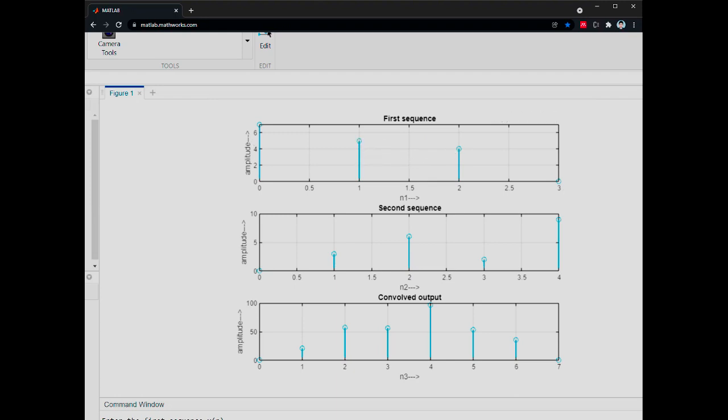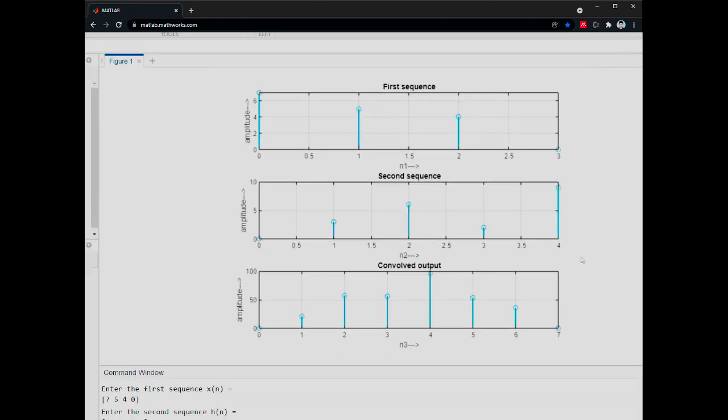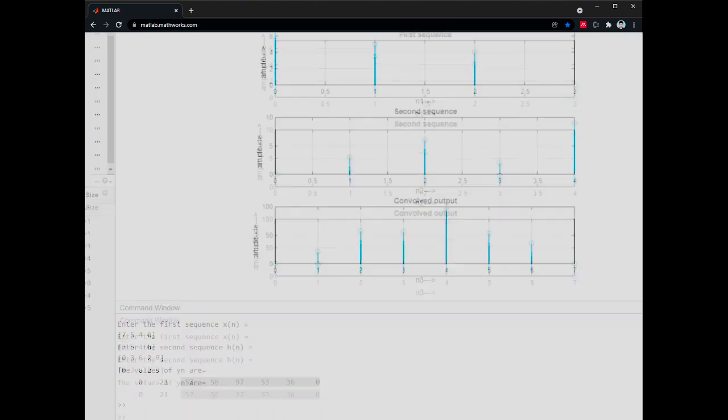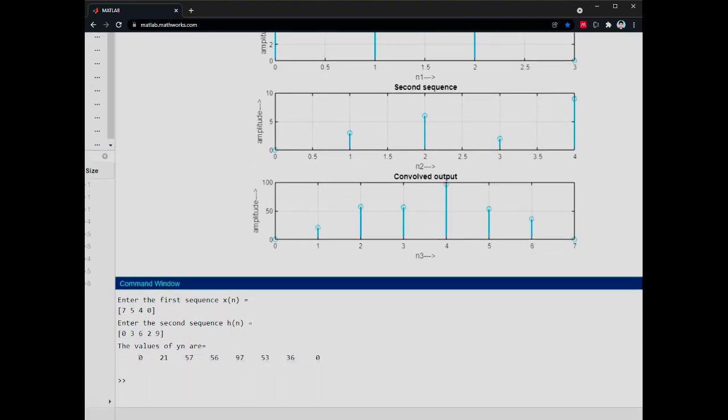As you can see in the amplitude, and for the second sequence, the impulse response of 0, 3, 6, 2, and 9. And for the convoluted output, the values are 0, 21, 56, 57, 97, 53, 36, and 0.